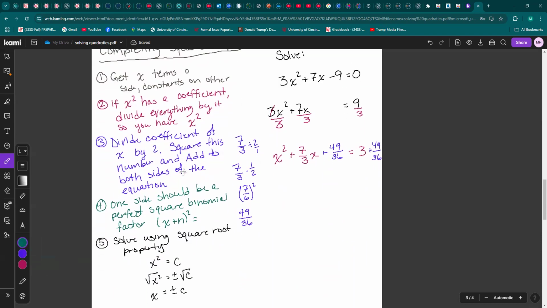This is a perfect square binomial because I created it to become one. So it is going to become x plus, because it's a plus sign, and then the 49 over 36, that is 7 over 6 as a square root. And then this is squared, and it equals this ugly stuff.